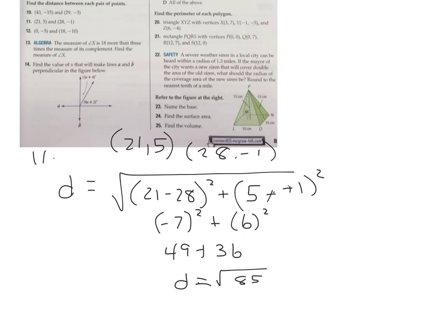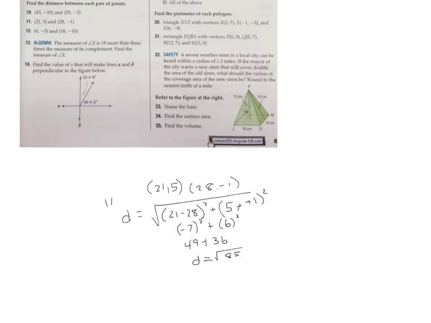All right, let's go ahead and move on here to number 12, where the points are (0, -5) and (18, -10).